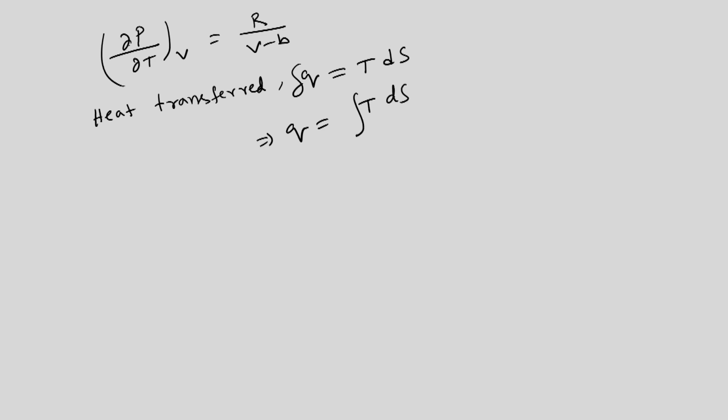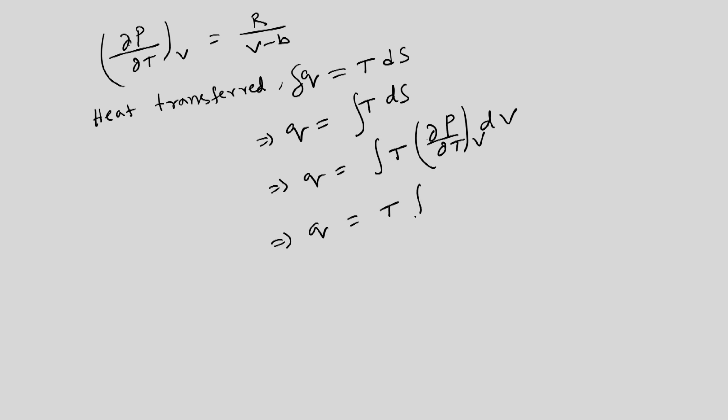T dS is nothing but T times del P by del T at constant volume times dV. Since the process is isothermal, temperature is constant, so we can take it out.